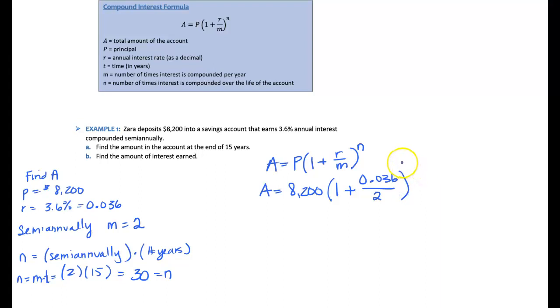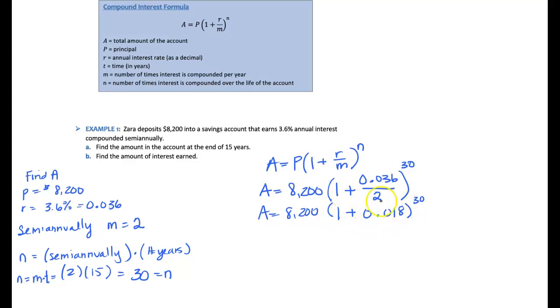And our exponent is going to be 30 because that was 2 times a year for 15 years. Working with order of operations, we're going to simplify inside the parentheses first. So we get 1 plus 0.018 to the 30th power.